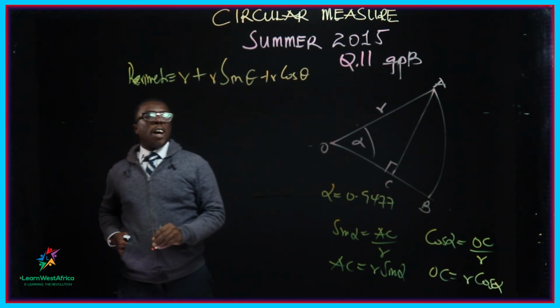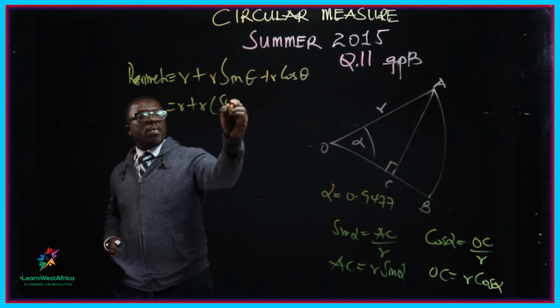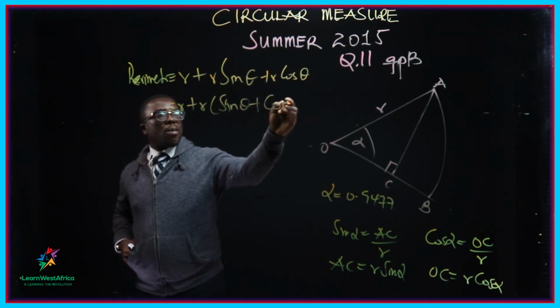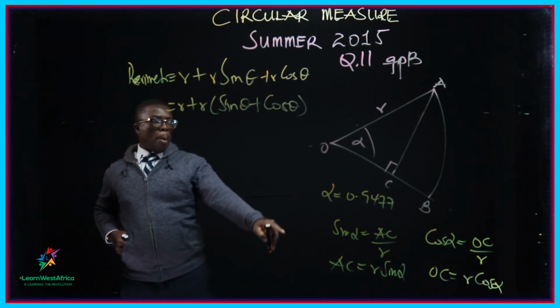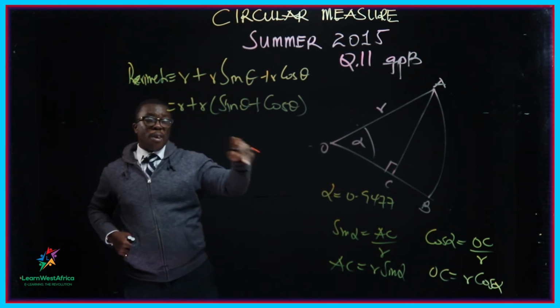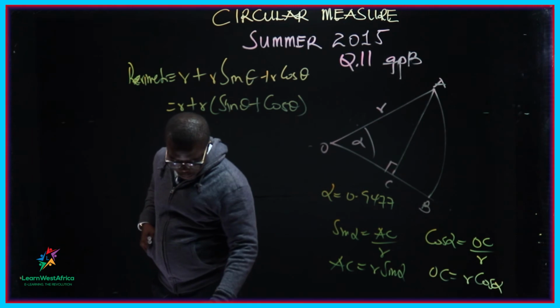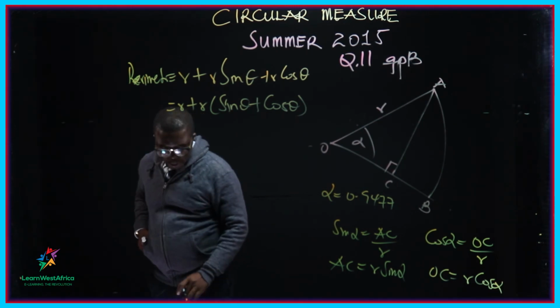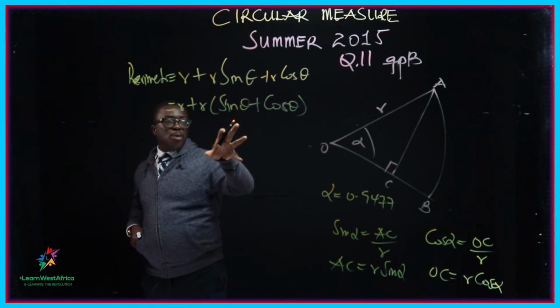Now remember that from this we can say R plus R bracket sine theta plus cos theta. What is sine theta plus cos theta? Already we've been given the value of our theta. So when we slot that in there, we can get our values easily.